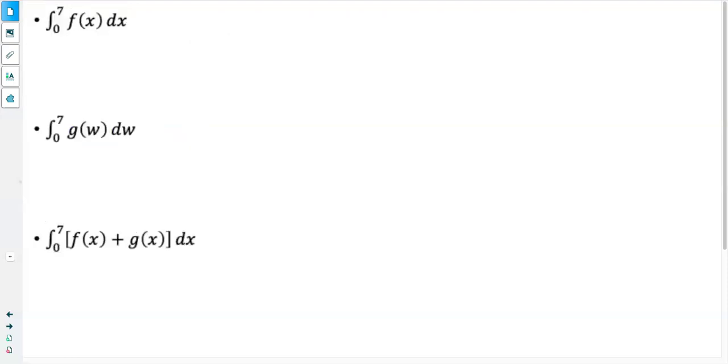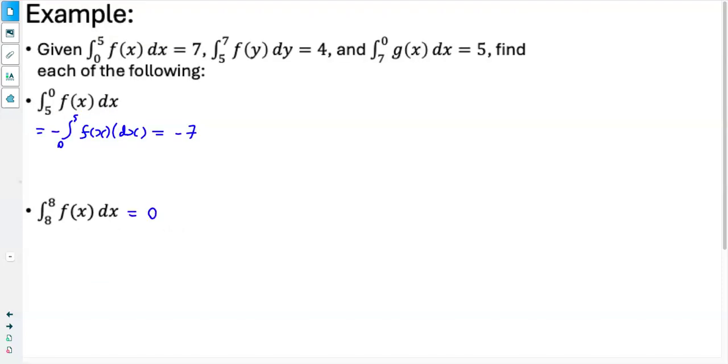Next one, we've got the integral from 0 to 7 of f of x dx. Now we don't have one back here that went from 0 to 7, but we do have one that goes 0 to 5 and then 5 to 7, so that will take us 0 to 7.